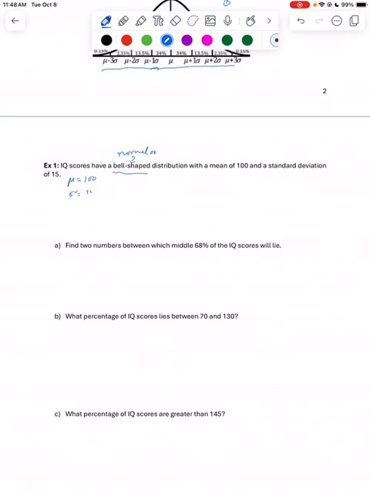So mu minus sigma will be equal to, in our case, 100 minus 15, which gives us 85.